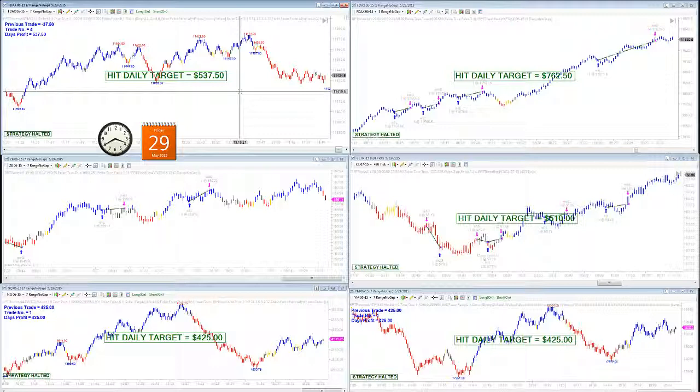Personally, I don't like too many trades in the market. I like the auto trade, I mean, not to just keep trading up and down with no strategy behind it.